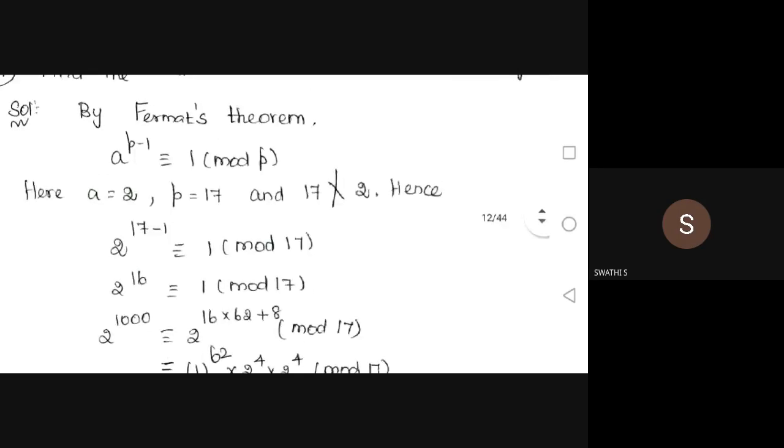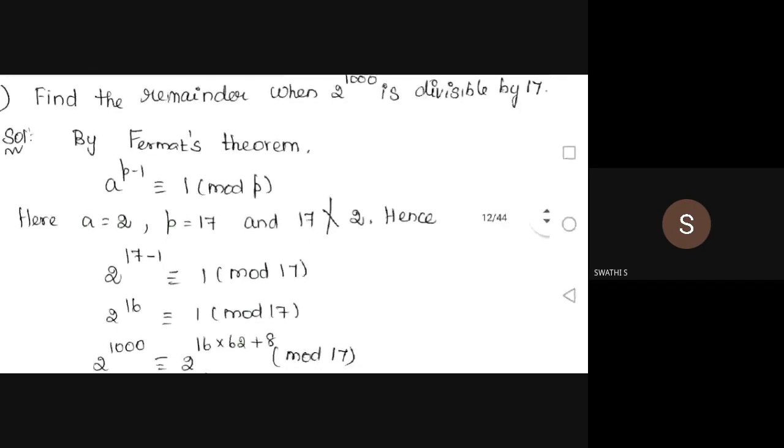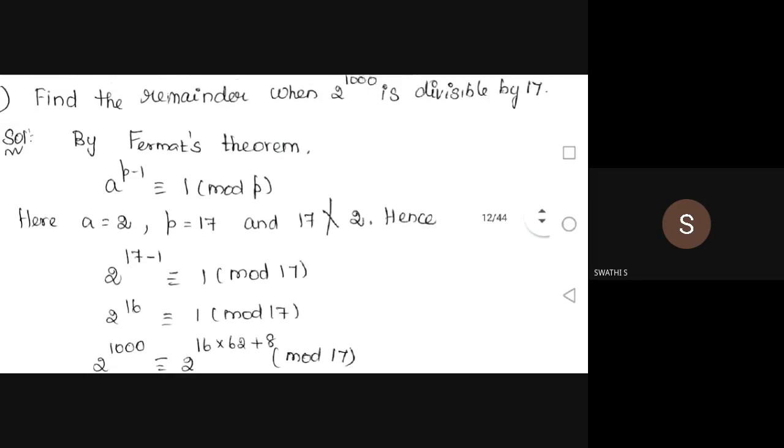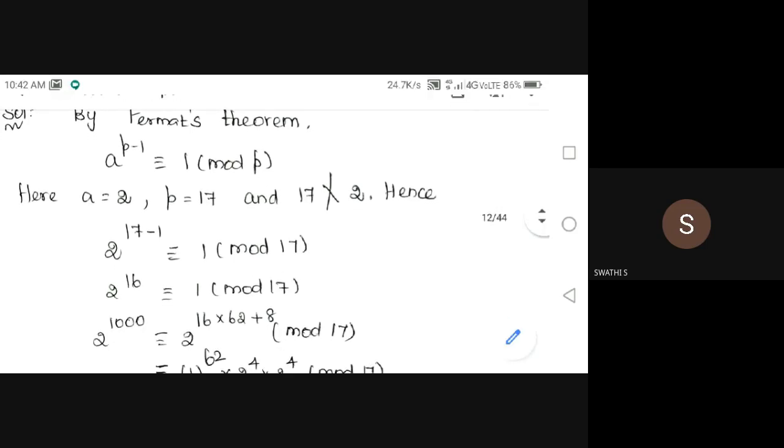Another basic algebra rule: a power m into n is equal to a power m, the whole power n. Therefore 2 power 16 into 62 can be written as 2 power 16, whole power 62.